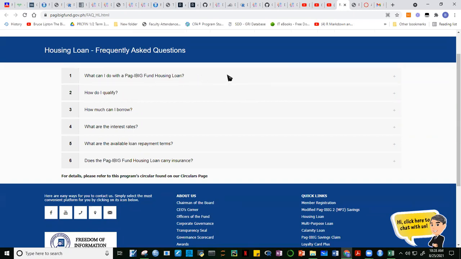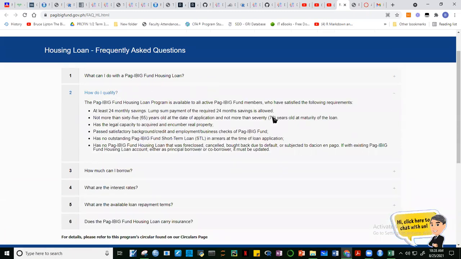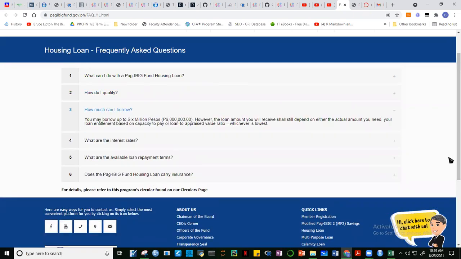So meron kayong contribution doon, tapos meron din yung sa tatapatan ng employer nyo yan. So these are the requirements for you to na kung paano kayo magiging Pag-ibig member, paano kayo makaka-loan, no? Housing loan. How much can I borrow? Up to 6 million. Okay, you shall receive entire actual amount that you need.